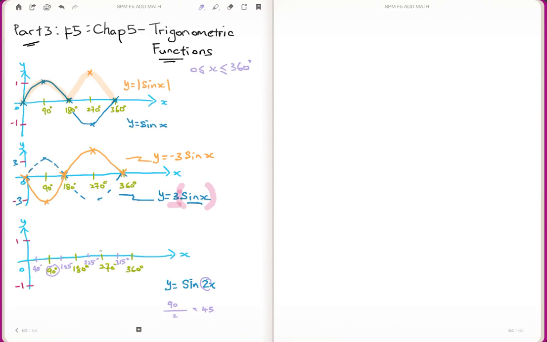Okay. Then the same rules apply. What rule? To sketch them, it's always the case. Sine 0, 2 times 0 is 0, so it's 0. Sine 2 times 45 is 90, so it goes up to 1. Sine 90 is 1.